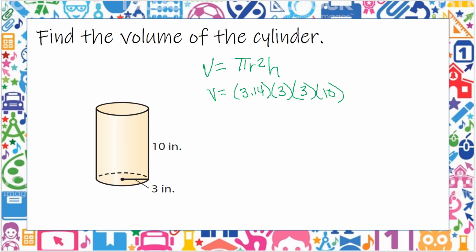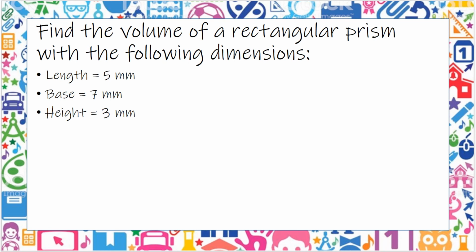So volume equals 3.14 r squared, that's the radius, so 3 times 3 times the height. So 3.14 times 3 times.